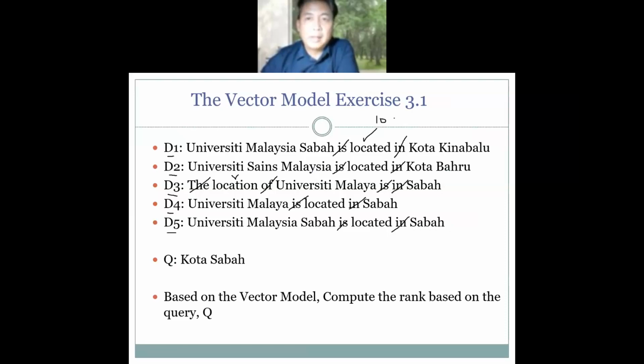So this one will become locate, where we trim it to have the root of the word only. So this one is also locate. Okay, so this is your task. The first thing that you need to do is construct a table that consists of the frequency of the terms that we have. So for example, you have university.